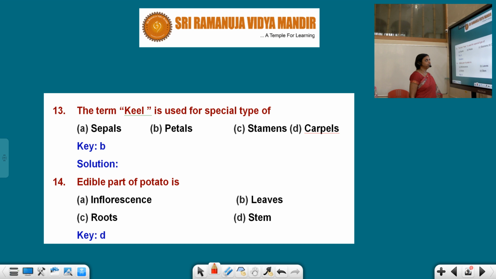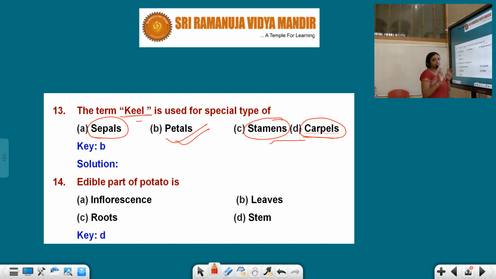So now let's explain. In the Fabaceae family, D, C and A are not correct, that is clear. And why petals? Because in the Fabaceae family we have seen that one large petal is known as the standard petal, and below that two petals are present, known as wing petals, and below the wing petals two petals are present which are boat shaped in structure, very small, known as keel petals.